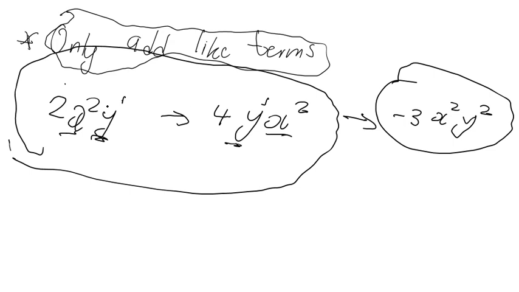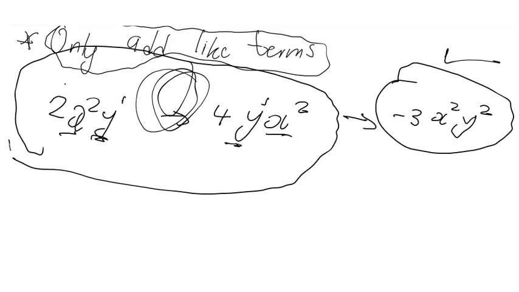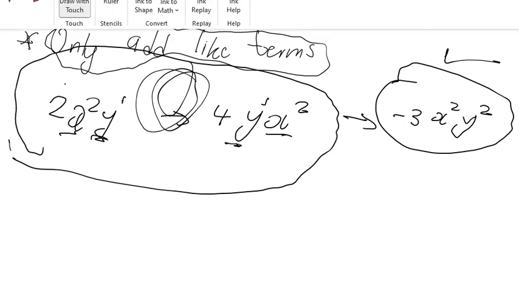This group has x squared for x and y to the power of 1 for y, while this one, x squared and y squared, both have the power of 2. So that is what I'm talking about. This is an unlike term. These are like terms. Make sure you know that they carry the same variables corresponding with the same exponents. Keep that in mind, please.